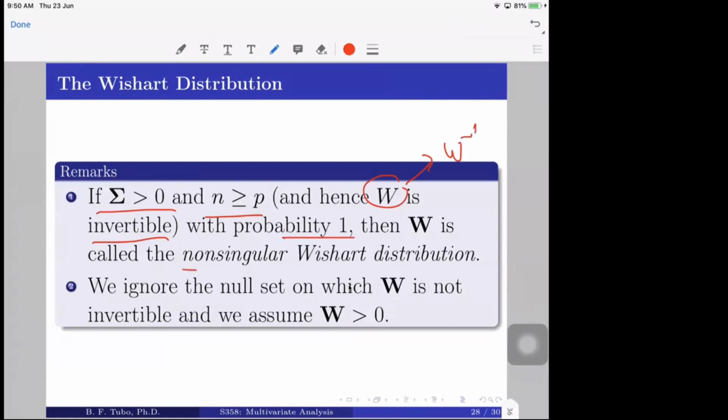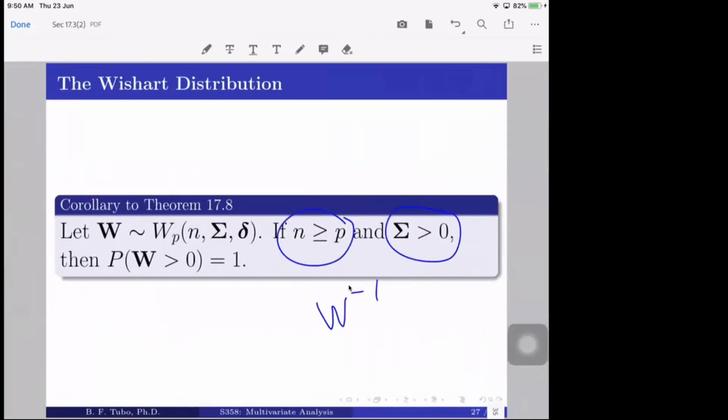And we call W a non-singular Wishart distribution. So we ignore the null set in which W is not invertible, and we always assume that the inverse of W exists. So for that to happen, we always assume these two conditions. W is invertible if these two conditions are satisfied.